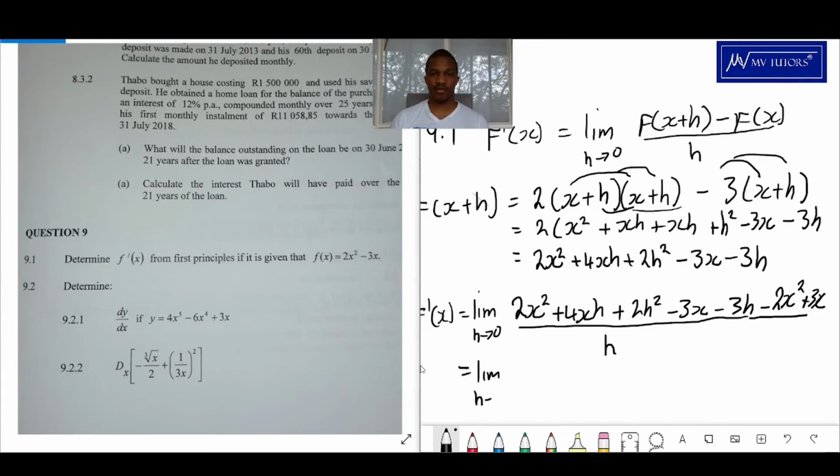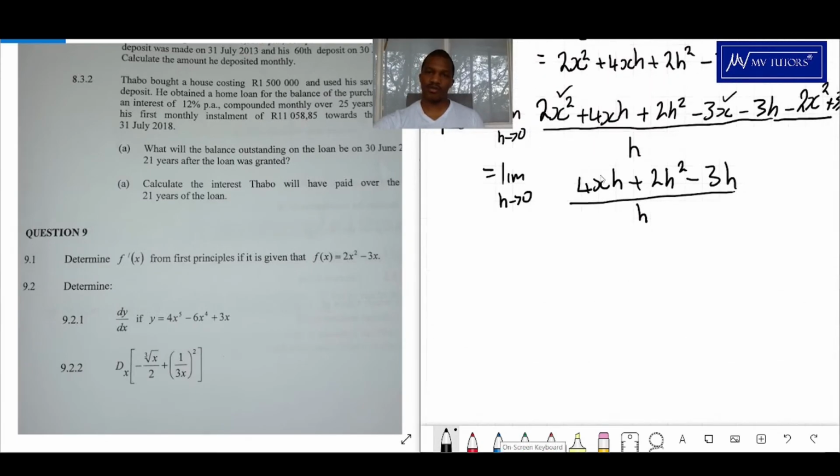So 2x squared minus that one gives me a 0. What other like terms do I have? That one cancels with that one too, so that's 0, minus 3x plus 3x, and then I'm left with 4xh plus 2h squared minus 3h. That's what's left, and all of this is divided by h.